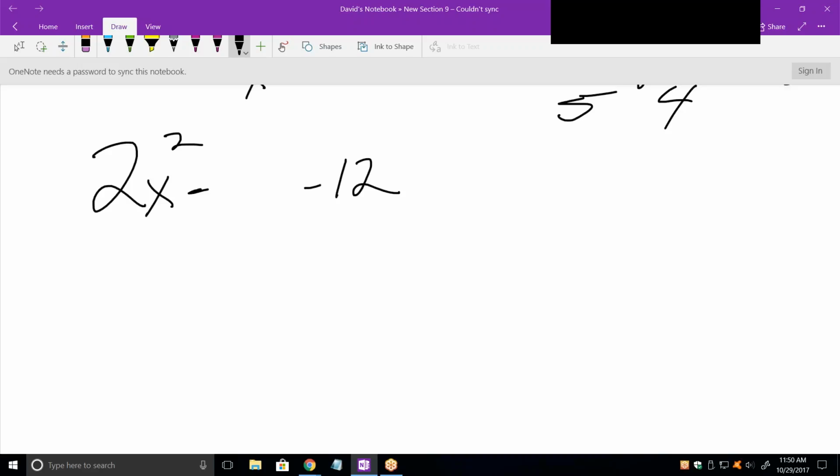I think that works. Notice this is not first degree because it's not a 1 in front of the x squared. It's a 2. Any number other than 1 makes it harder, makes it second degree.